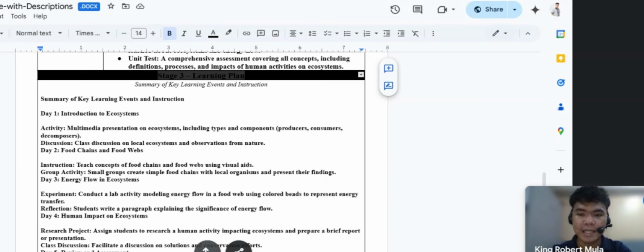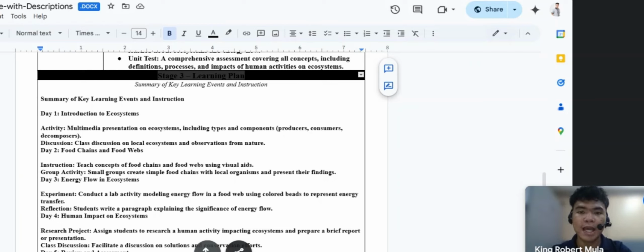For example, in our introduction to ecosystems, on day 1 we introduce the concept of ecosystem through an engaging multimedia presentation. Day 2 focuses on food chains and food webs, allowing students to collaborate in small groups.